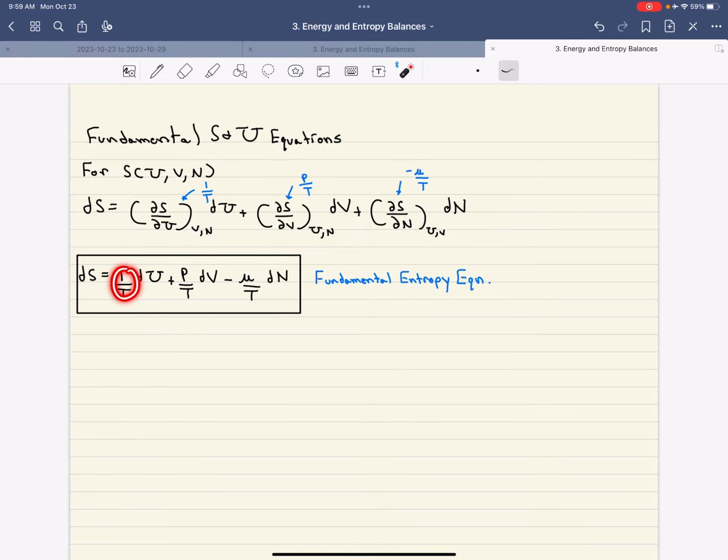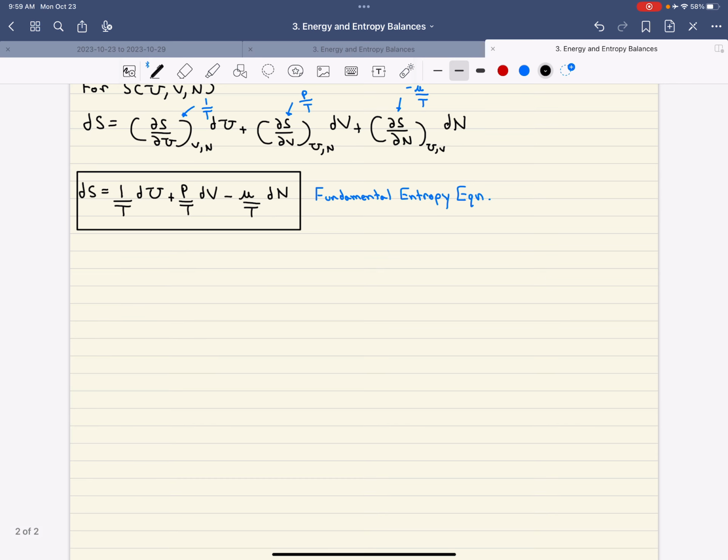entropy to these parameters. Now, what we could also do, since we have the dU in this equation, is we could rearrange the equation and solve it for dU.